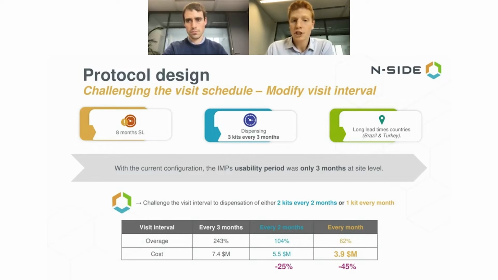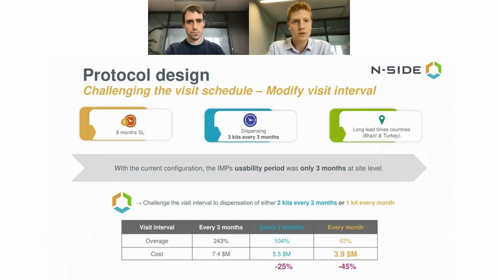One, changing the dispensing to 2 kits every 2 months, and the other one to 1 kit every month. That, as you can see, can bring up to 25% and to 45% of cost reduction, which is massive. The problem is that asking patients to come back to the site if they're living very far away is not very patient-centric. So of course, in terms of cost, it's great.